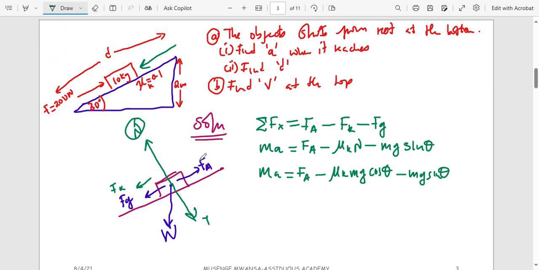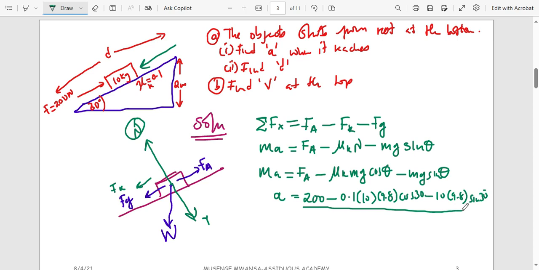So to find the acceleration, I'm going to say applied force, that is 200, mu k, that's 0.1, mass is 10, g is 9.8, then cosine of 30, minus mass again, that's 10, g is 9.8, and then sine 30. Remember, we're dividing everything by the mass, which is 10.